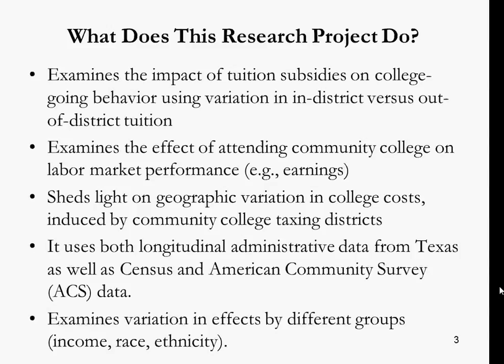Now there are trade-offs between these two things, and this is why we've looked at both data sets. The census and the American Community Survey have very detailed information on where people live, whereas the administrative data from the state of Texas only knows essentially what high school or junior high school you went to.